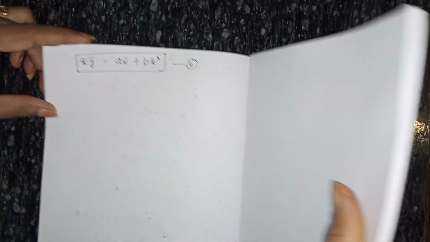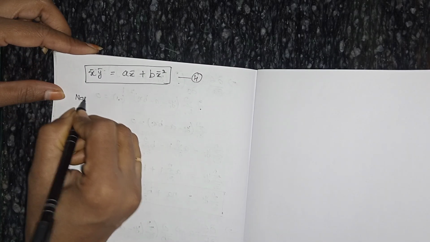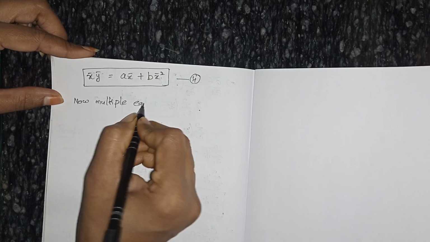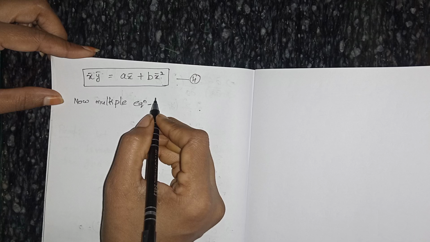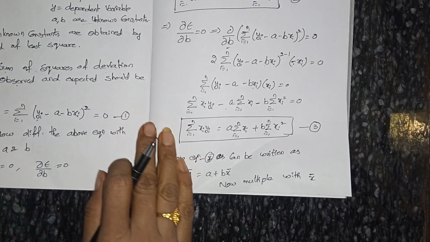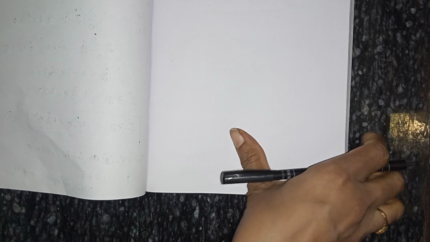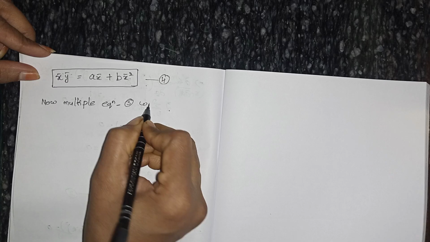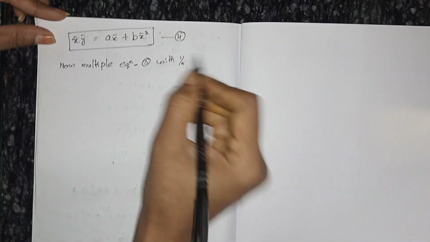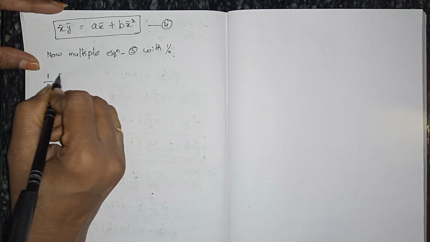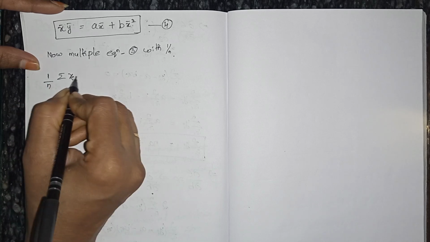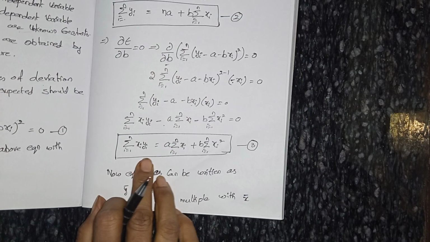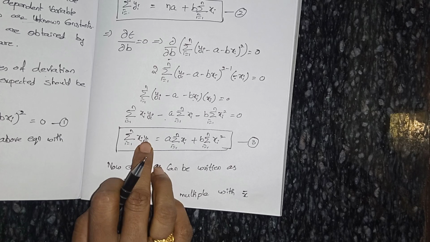Now what we have to do is, now multiply equation 3 with 1 by n. Now multiply equation 3 with 1 by n. So that is nothing but 1 by n summation xi yi equals 1 by n. See, this is equation 3, xi yi.